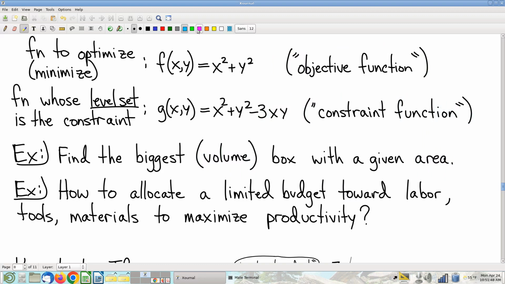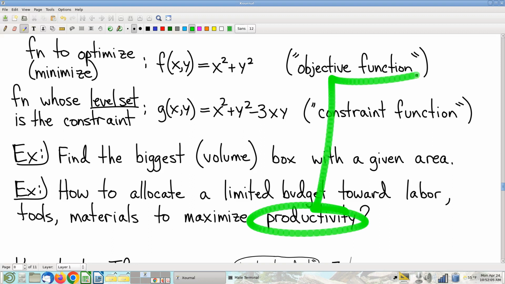Likewise, suppose we're starting a business and we have a limited budget to be allocated toward various things, and we want to maximize our productivity, whatever that is. Well, productivity is the thing that we want to maximize, so that's our objective function.